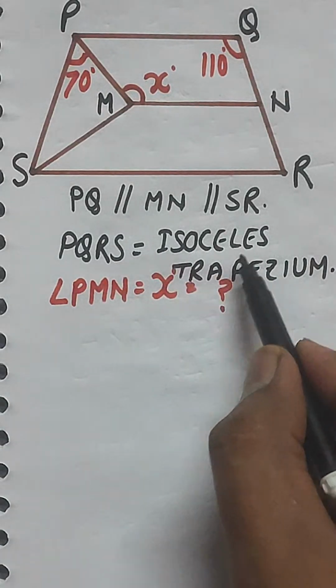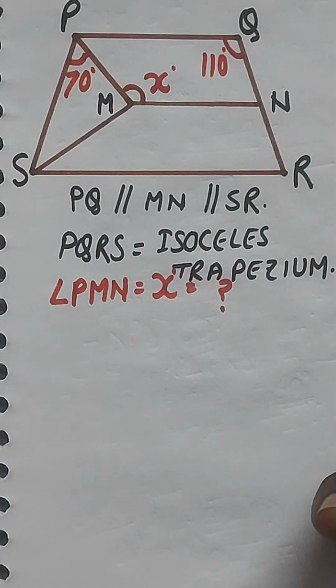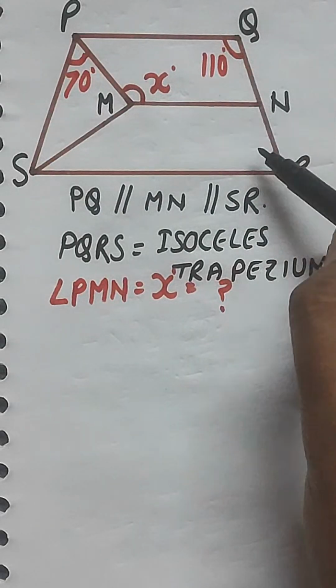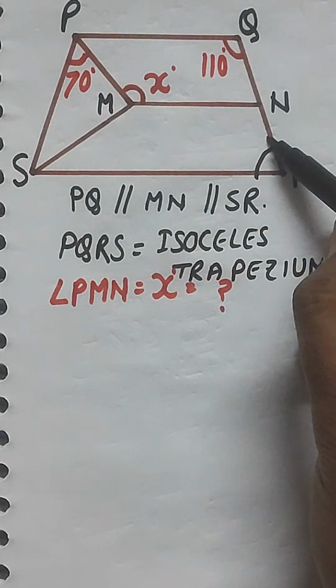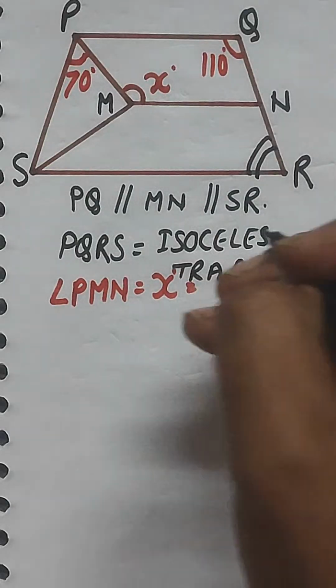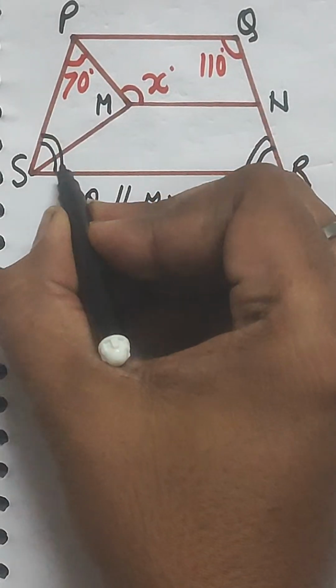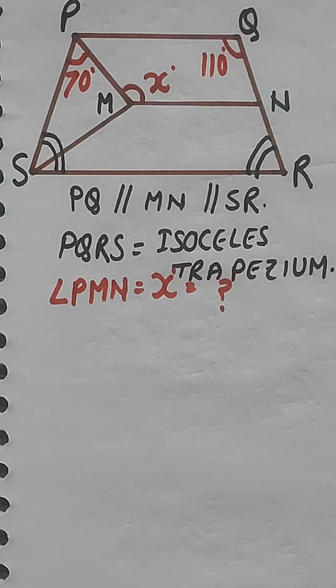PQRS is an isosceles trapezium. So being an isosceles trapezium, we can say that this angle will be equal to this one, right?